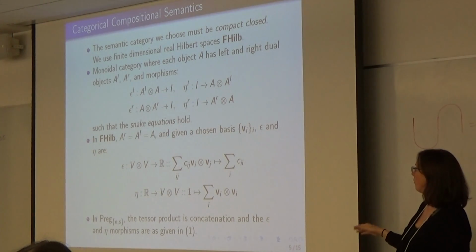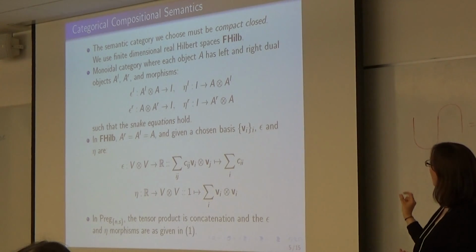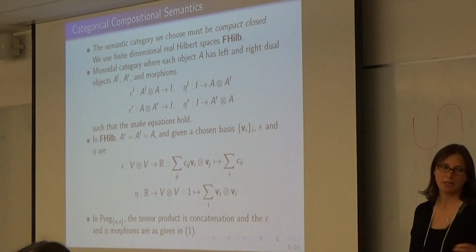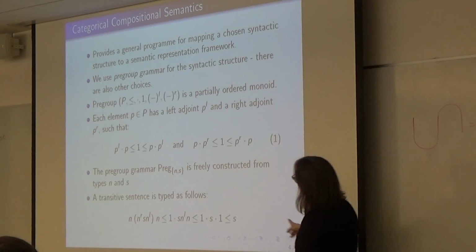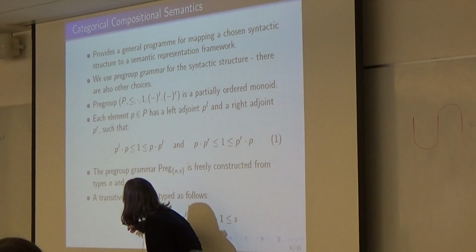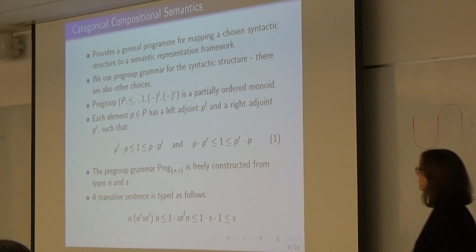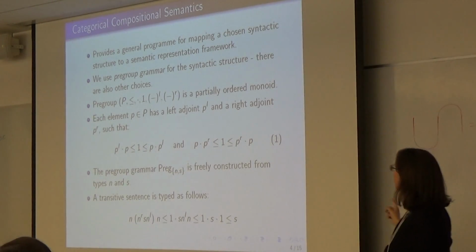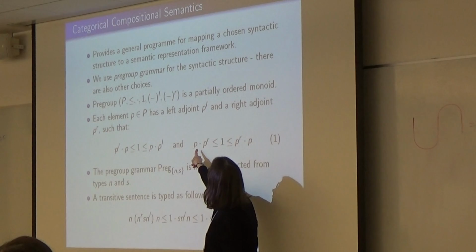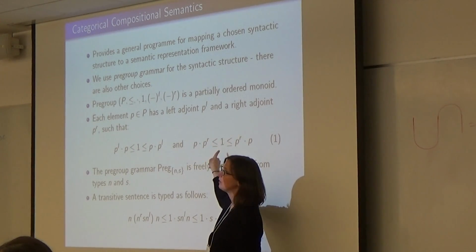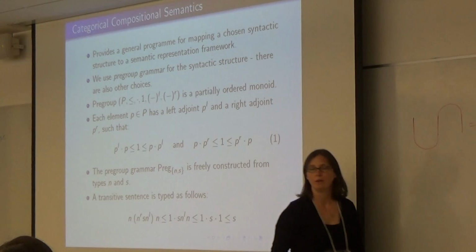In our pregroup category, the tensor product is concatenation. So here, this concatenation of types is equivalent to the tensor product, and the eta and epsilon morphisms are the unique morphisms that you get from these inequalities here.